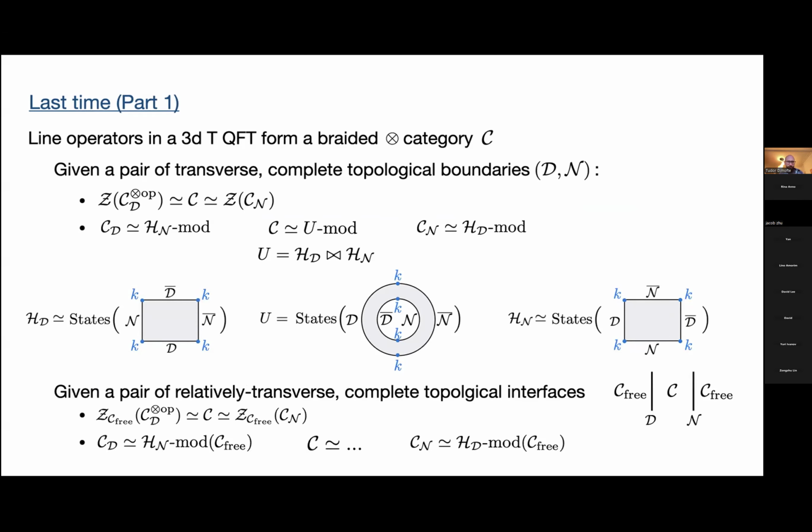That's a setup for actual boundaries, and there's a generalization for when you don't actually have boundaries, like in Chern-Simons. And then the two Hopf algebras are algebra objects in some other simpler, ideally braided tensor category that I'm calling C-free.